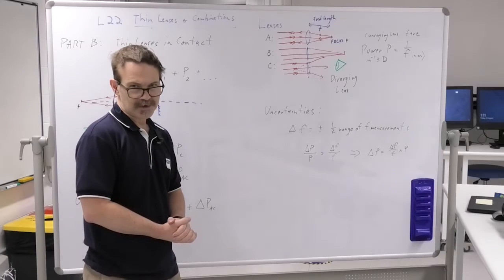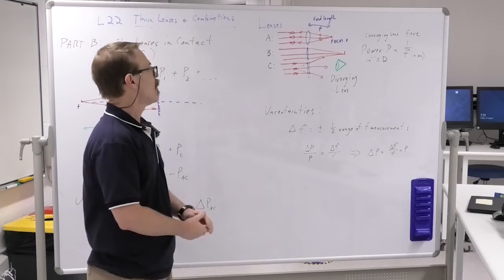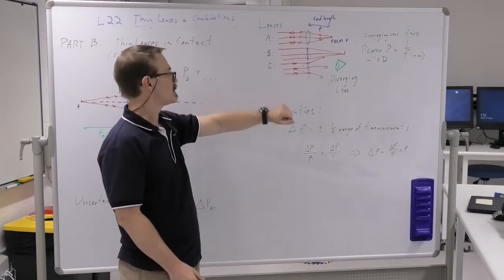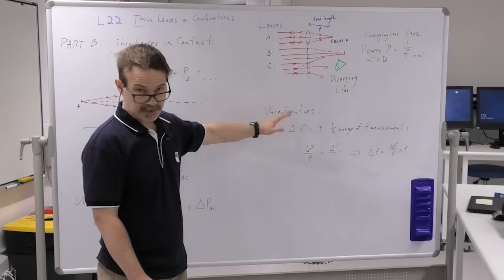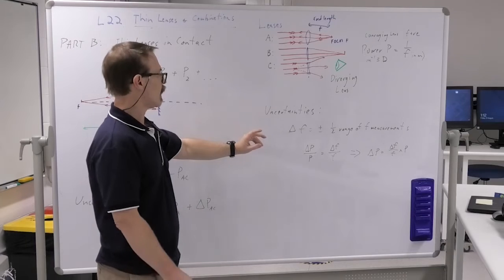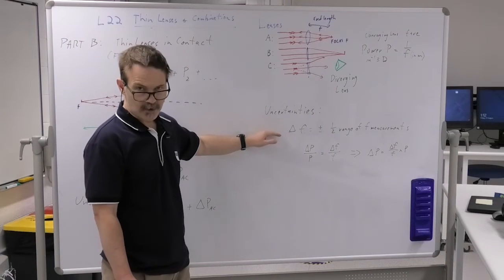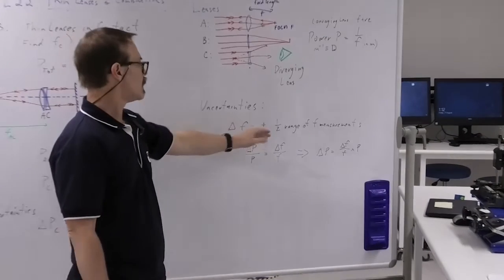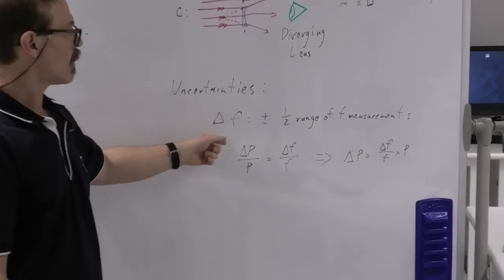Should just mention a few things about the uncertainties when you're calculating these. When you're measuring the focal lengths via auto-collimation particularly, we'd want you to get an uncertainty in your answer because we're going to need that a little bit later. You're going to be estimating the focal length via auto-collimation a couple of times, so it's probably a good idea to find the uncertainty in that focal length.